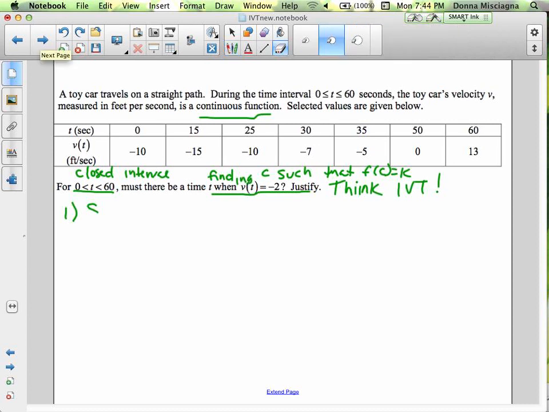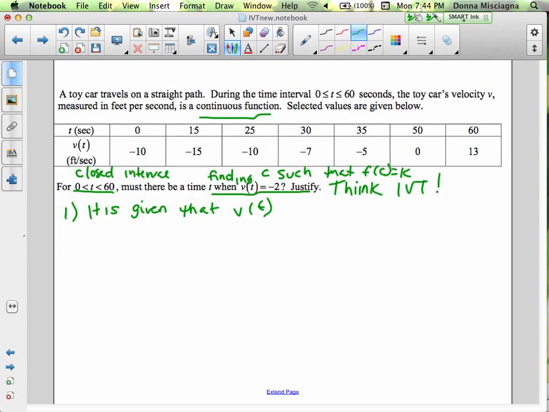And we can say it is given. State what is given. It is given that, and we can call it v of t. It says v of t right there. Don't call it f of x. This is not f of x. Make sure you call it by the right name. Calling it v of t is fine. So it is given.